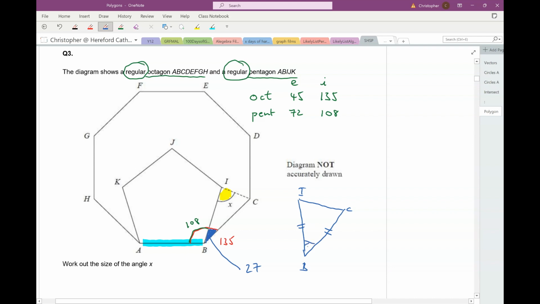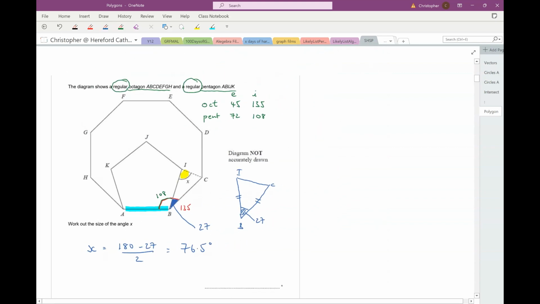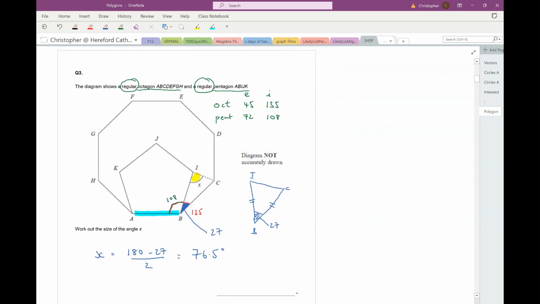So it's an isosceles triangle with an angle of 27 there. So that means that X is going to be 180 minus 27, divided by 2. So X is 76.5 degrees. And that is question 3.